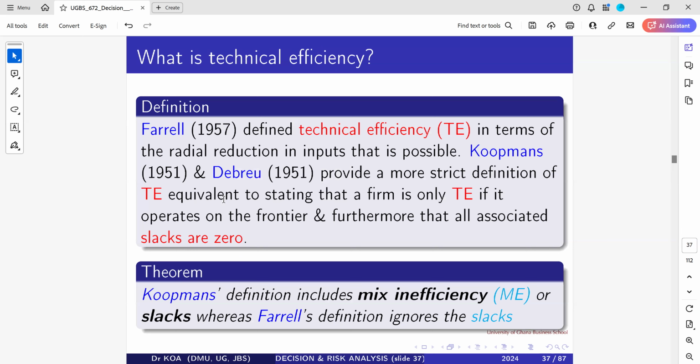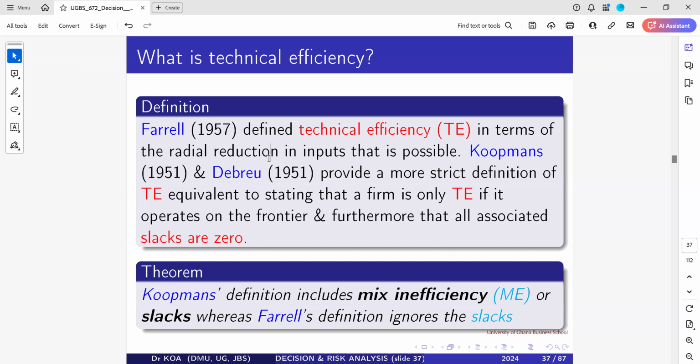What is efficiency? Efficiency can have 2 definitions. One is technical, and I ask you all of this in the exam, so there's a technical. Okay. Technical efficiency is not the same as mixed efficiency. Technical efficiency is not the same as mixed efficiency. What is the difference?